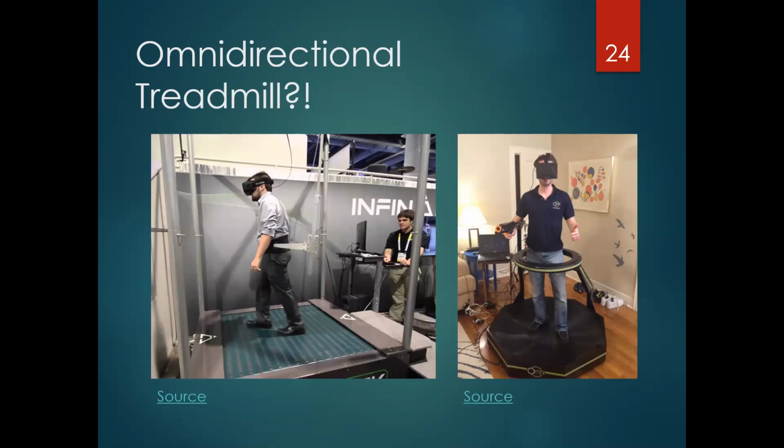If your room is very small, you could just run into something. This treadmill here is to fix the problem, right? When you move in the real world, you are actually moving on this treadmill, and this treadmill will just move accordingly. So you do not have to actually move in your room.